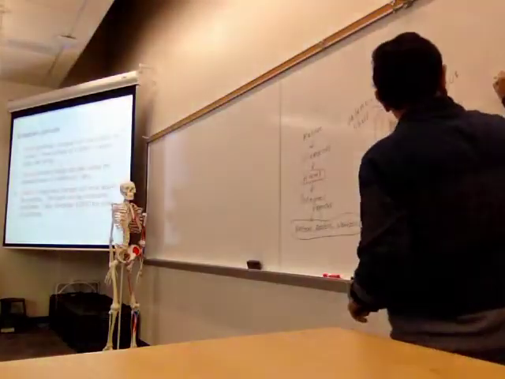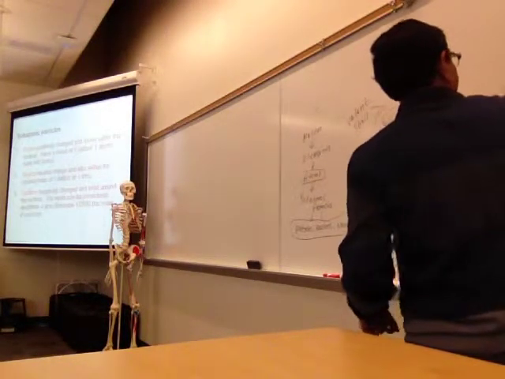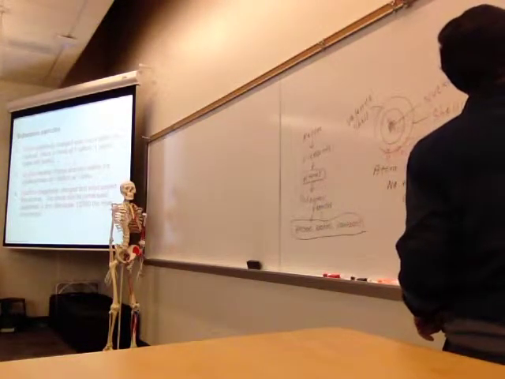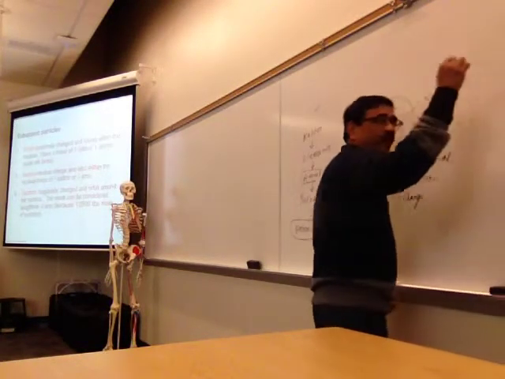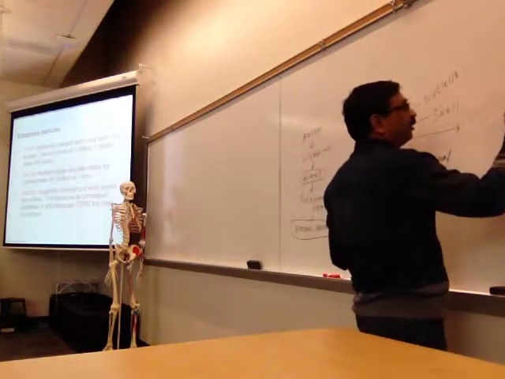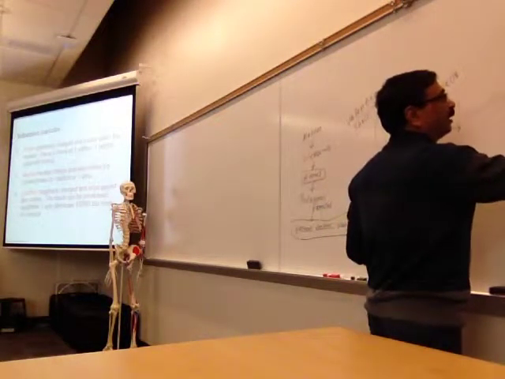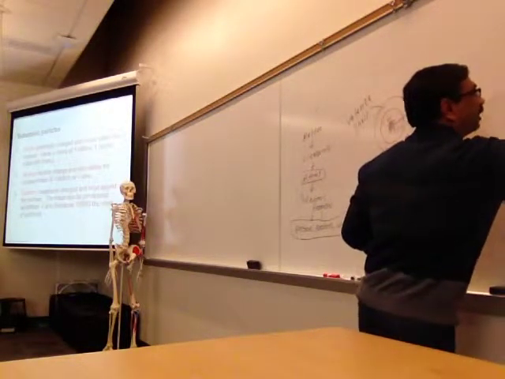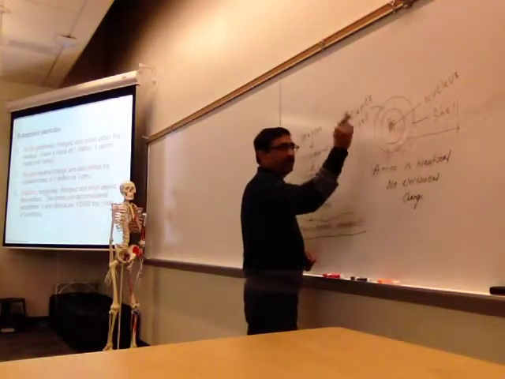Protons, 1 proton weighs 1 dalton. Dalton is the unit, or 1 atomic mass unit. Same thing, 1 dalton equals 1 atomic mass unit. That is the weight of 1 proton. 1 neutron also weighs the same, 1 dalton or 1 atomic mass unit. So that's the weight of 1 proton or 1 neutron.